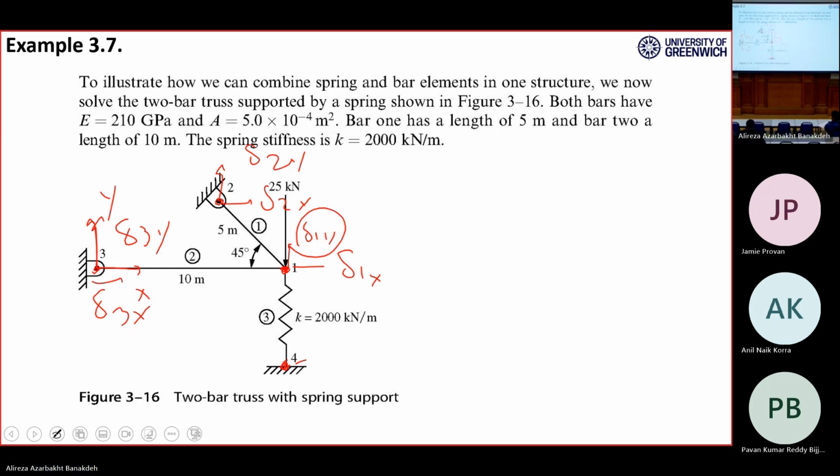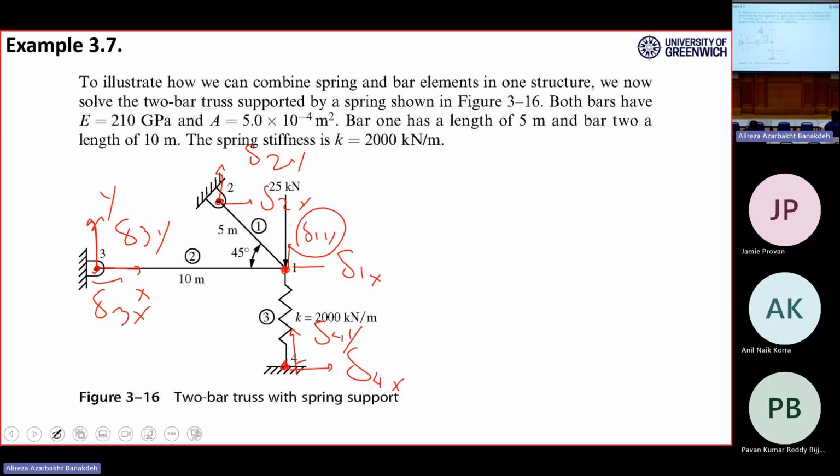So having a spring means that you will have another node added to your problem, like node number 4. All right? So you have 4 nodes instead of 3 nodes. And node number 4, without having any support, can generally have delta 4x and delta 4y. But I know that delta 4y will work with my spring, and delta 4x doesn't do anything, right?